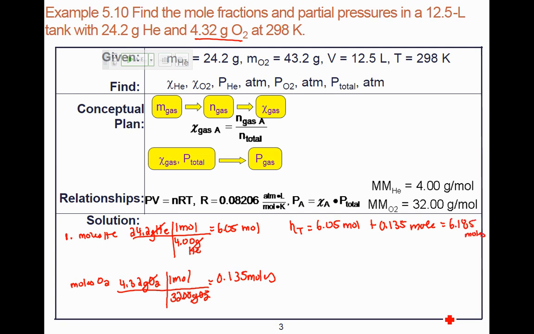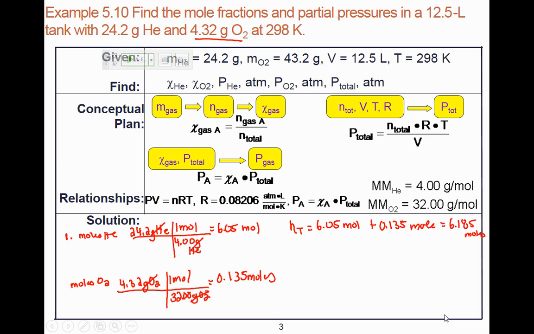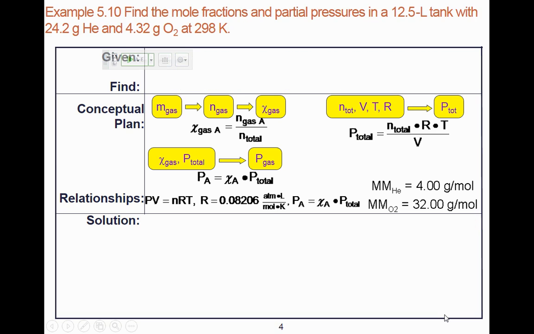So that comes out to a total amount of moles of 6.185. So now that we have our total moles, we can figure out our mole fractions.